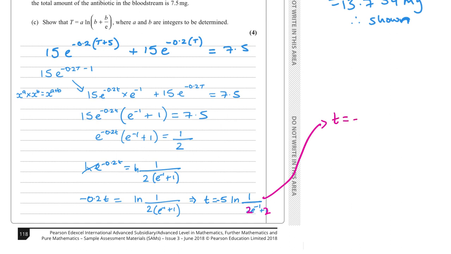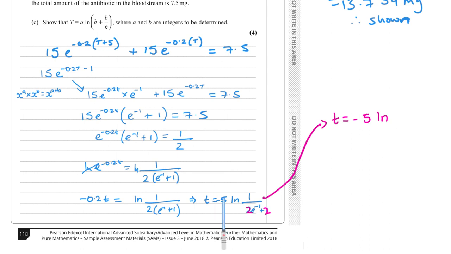So t equals minus 5 ln, e to the minus 1 means 1 over e. Okay, I've got it. God, that took me a little minute.